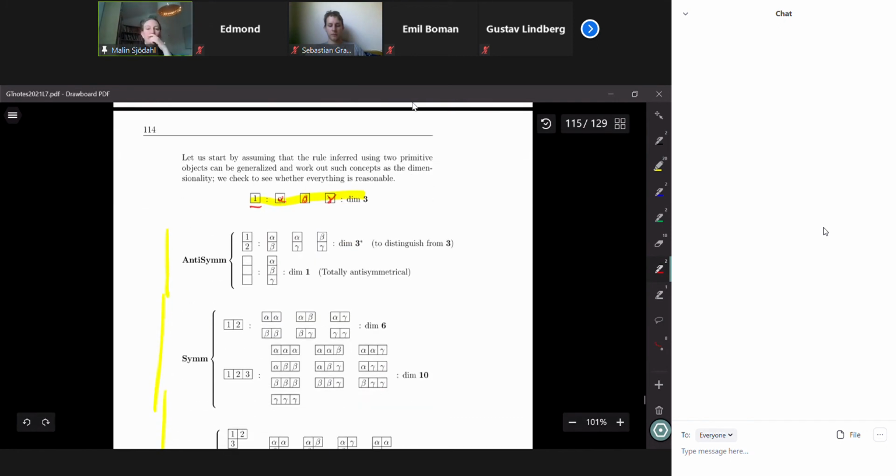Now we can construct antisymmetric combinations, having 2 of them, in this case also having 3 of them, since we have 3 different labels. If we want to construct something that is antisymmetric, I must have a different label up here and down there.